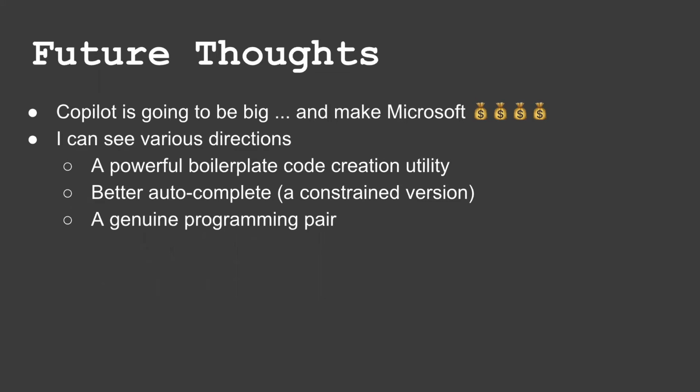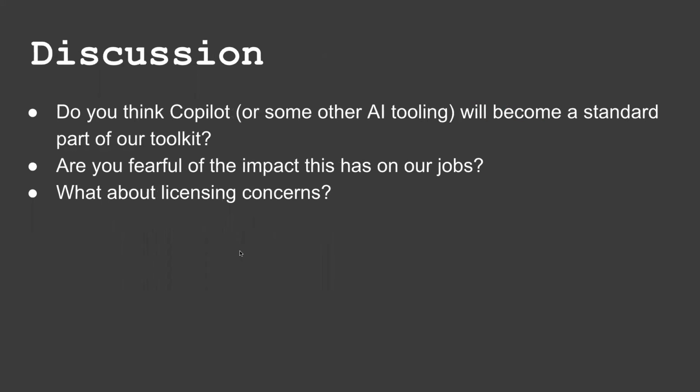And this is getting back to my observation about Copilot effectively grabbing the keyboard. I would like a more expressive channel of communication with Copilot than is possible through the existing user interface paradigms. I think there's a step change required in how we interact with it in order to make it genuinely useful. So those are my future thoughts.